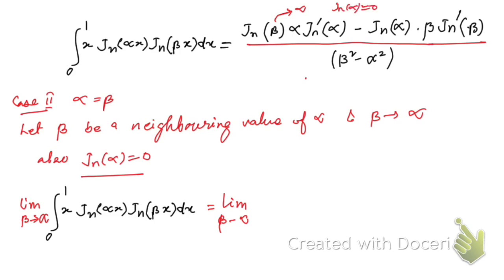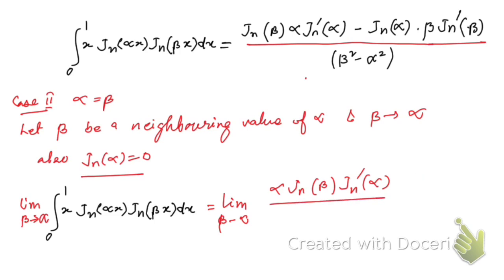So we can write alpha Jn beta, Jn dash of alpha minus 0, over beta square minus alpha square. Now let us apply the L'Hospital rule.